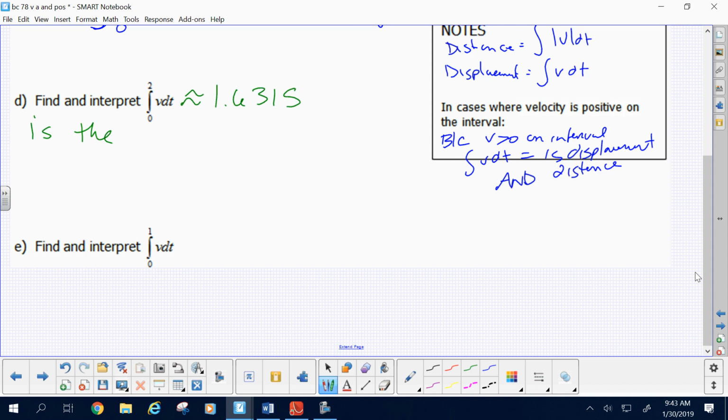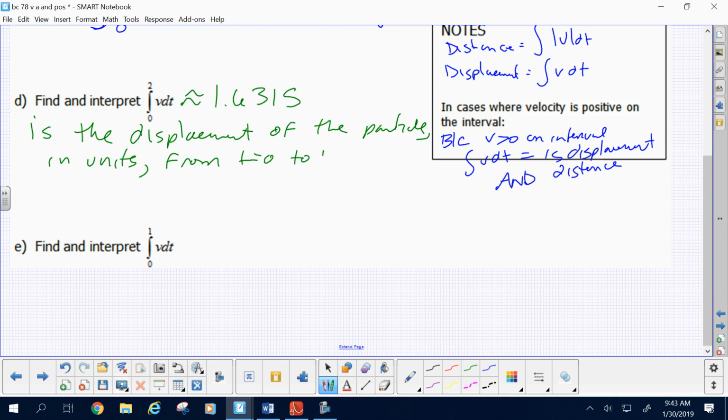No units on either. So, nope. You should have 4 things. This is the displacement of the particle with units. What are the units? Units, from time 0 to time 2 seconds.